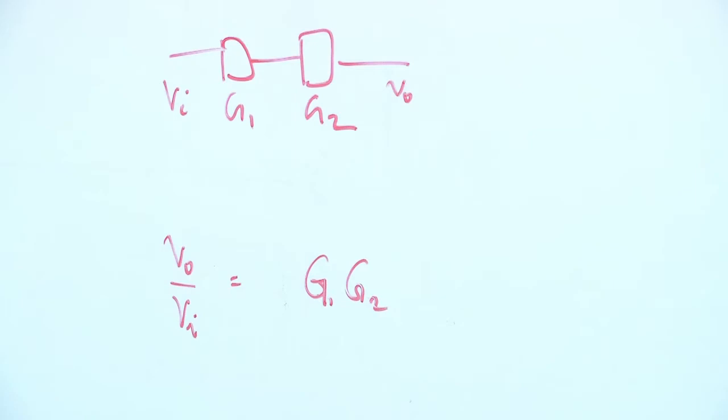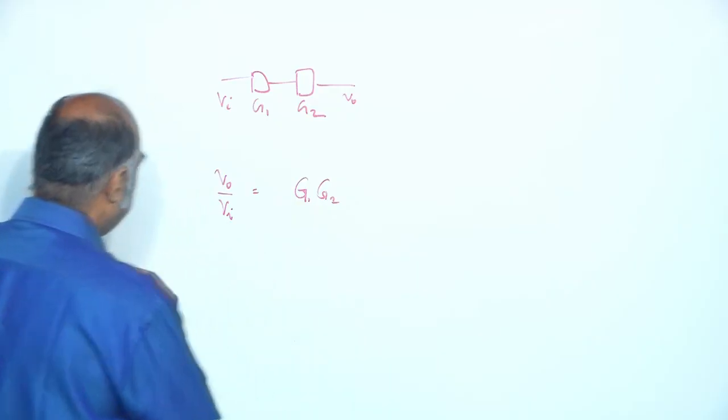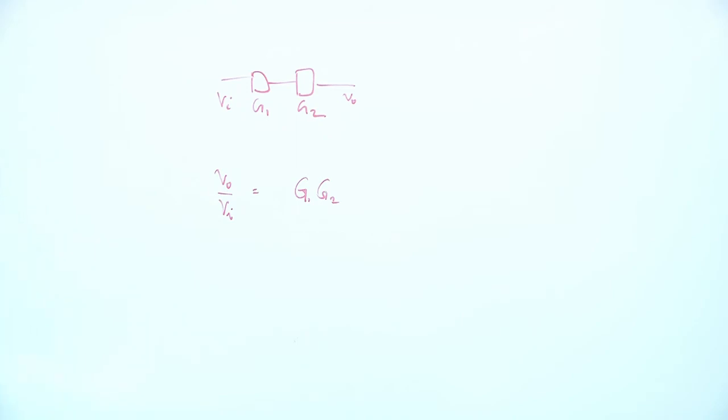So, if we do that, you get the equivalent, which in this case is 1 by 2 into 1 by 2, 0.25. Is this correct? Apparently it is so. In the block diagram approach, this is what we would do, and not only that, you have a whole series of block diagram algebra. Now, let us say for example, I have this.